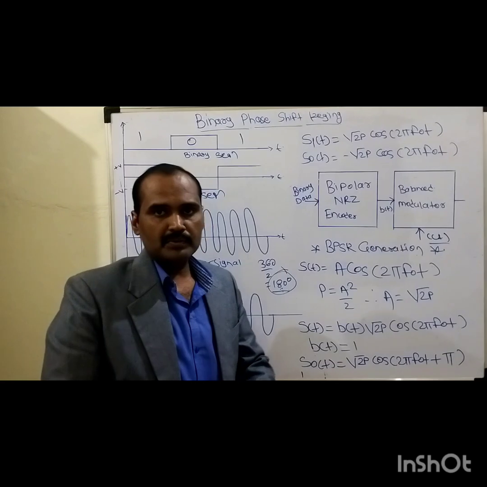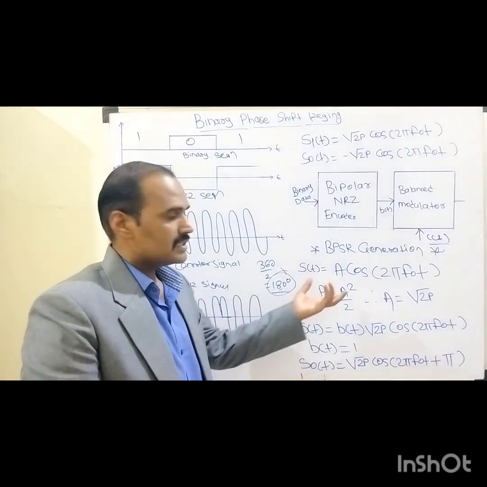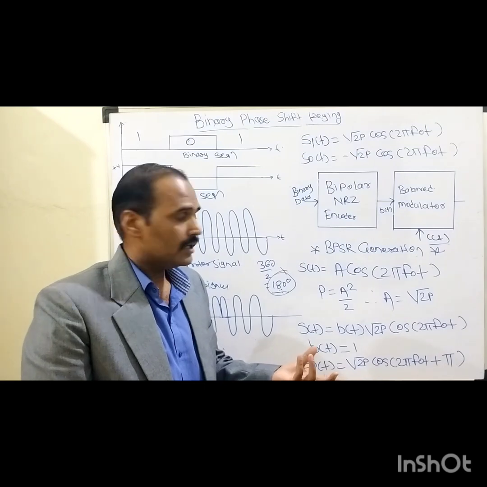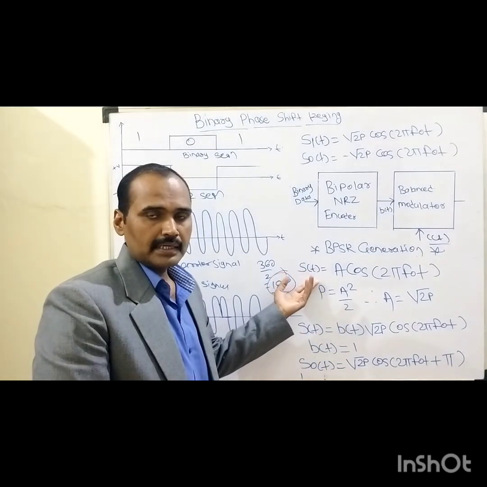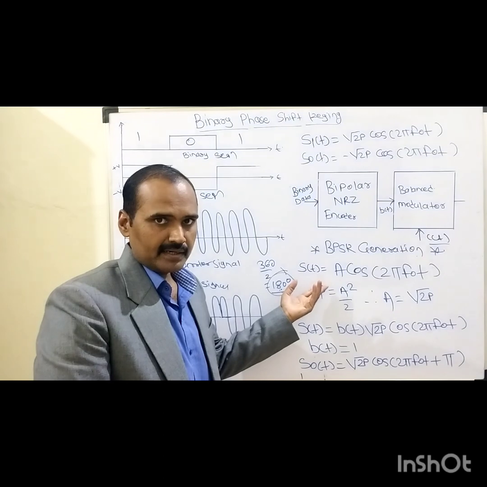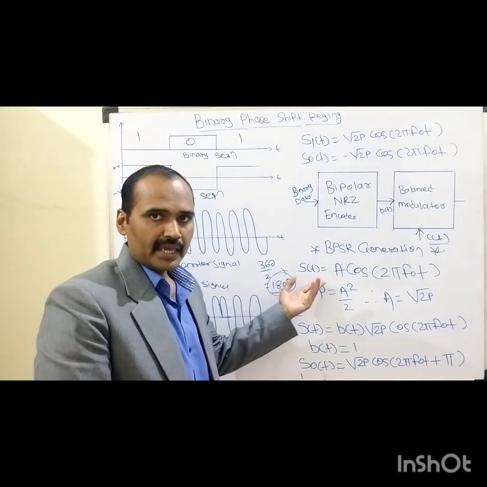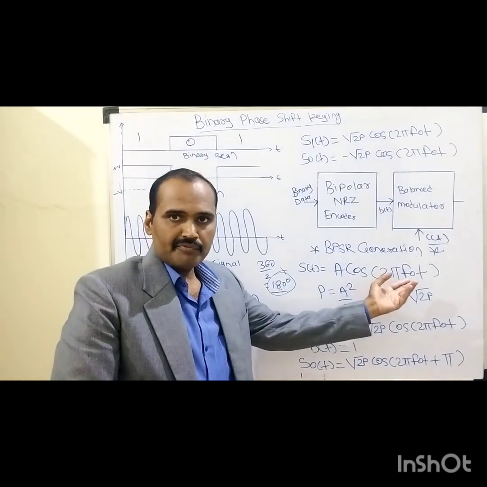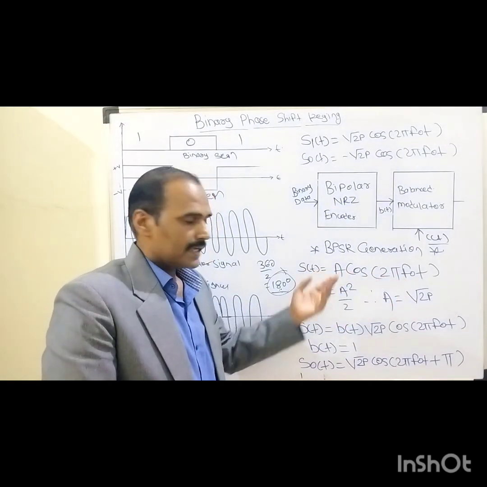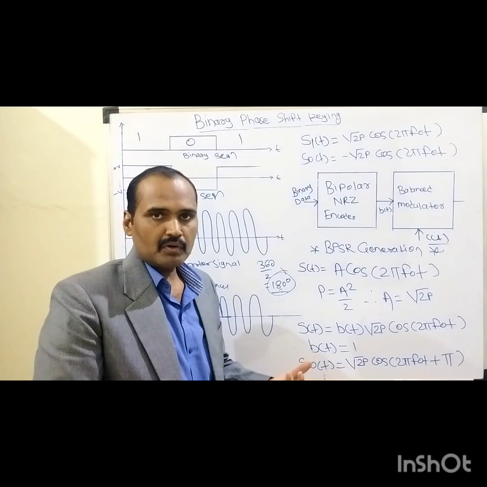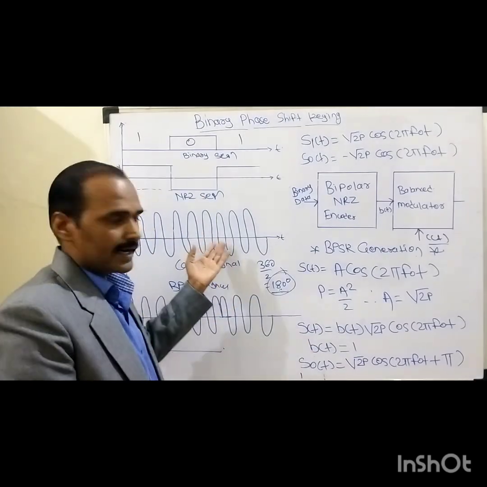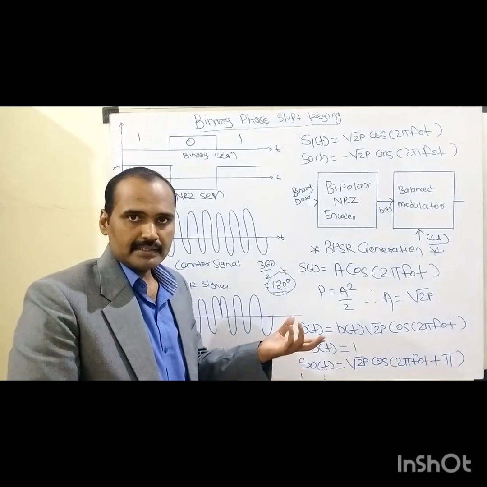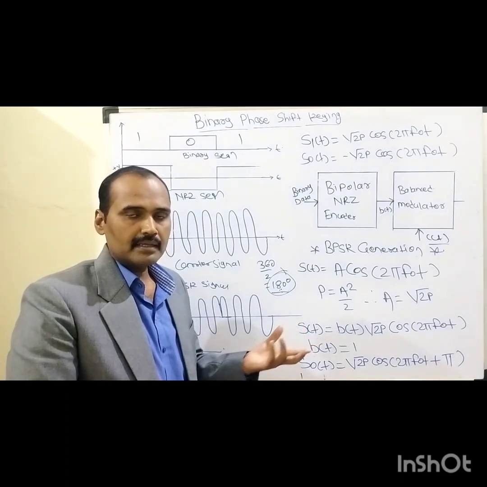First, we need to understand the generalized mathematical representation of this sinusoidal signal. It is represented as S of t equals A cos of 2 pi f naught t, where A is the peak amplitude of this unmodulated carrier signal.